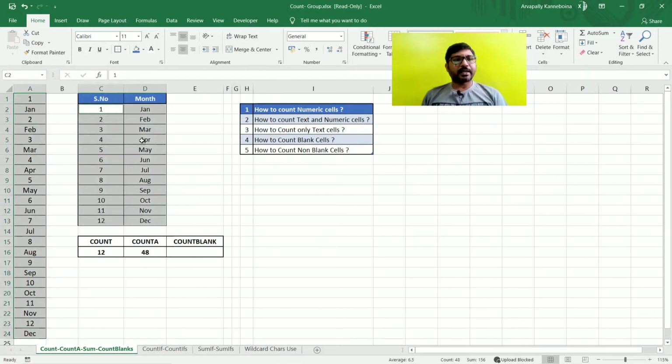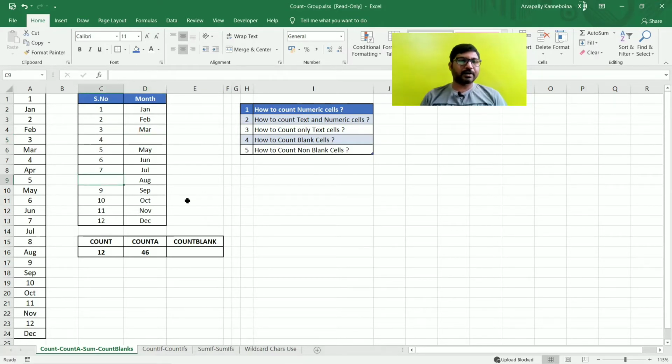I'm deleting some random text, so you observe the result changes. I deleted this text and it reduces by 1. I am deleting this 8 and it comes to 46, because these two are blank cells. I am deleting many cells and you find this is 40.